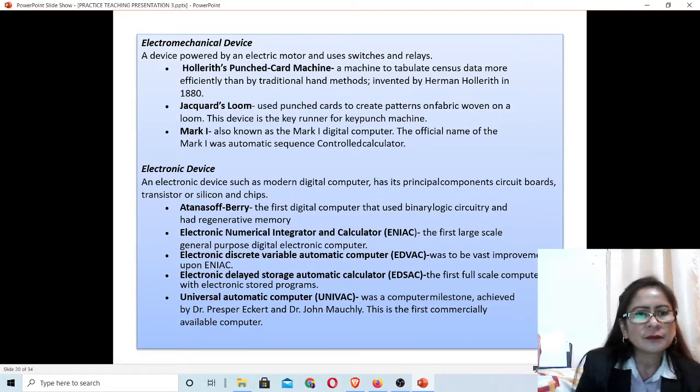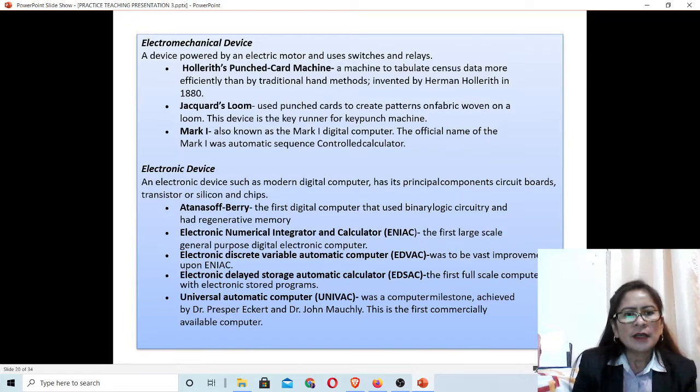Electromechanical device. A device powered by an electric motor that uses switches and relays. Hollerith punch card machine.